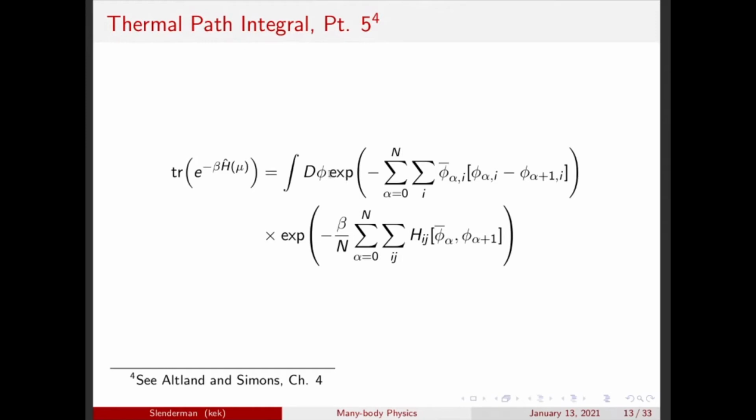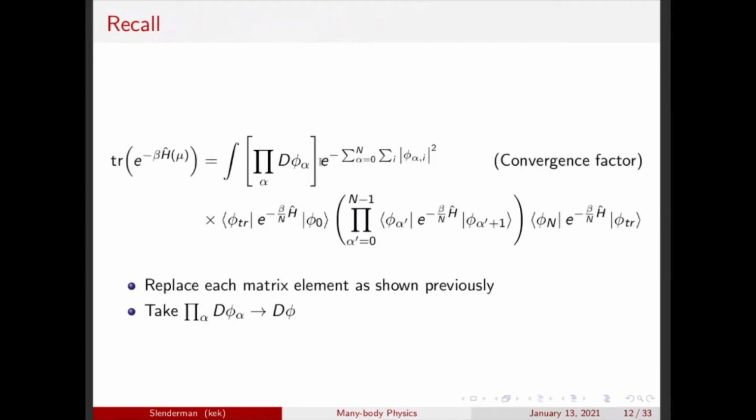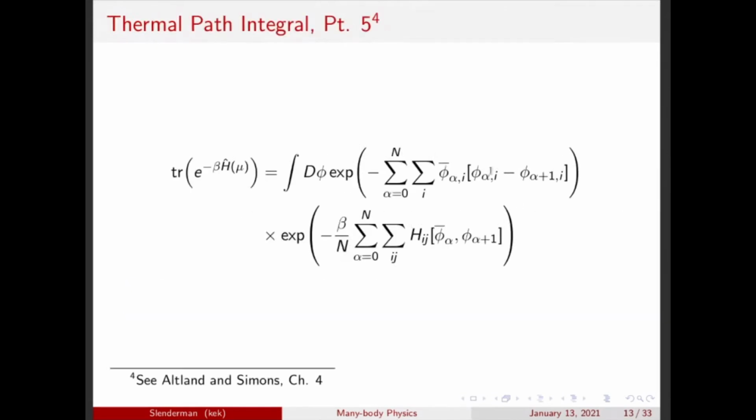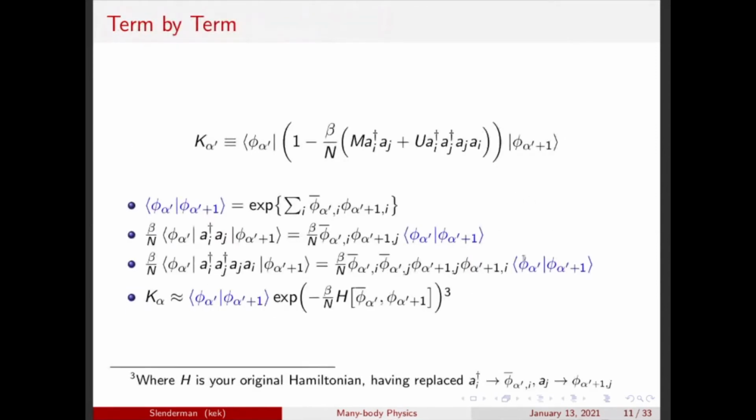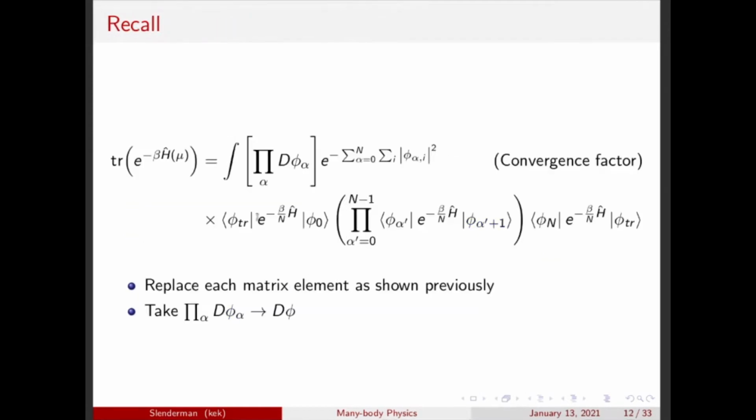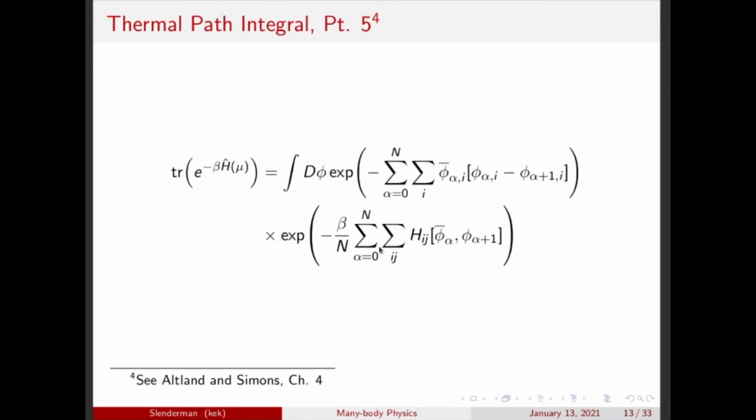First are the exponential bits that come from these coherent state overlaps. The second terms, this phi alpha bar minus phi alpha plus 1, if you recall, come from these blue terms here. And the rest of this is our original Hamiltonian.